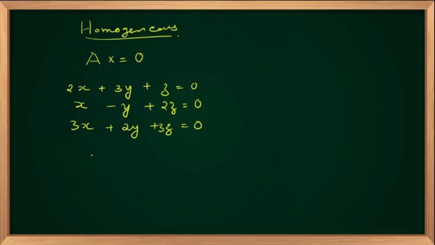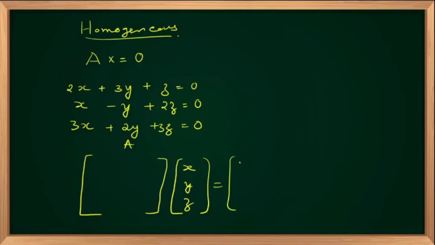Which means your system of linear equations could be written in the form A times the column vector x, y, z equal to 0, 0, 0, right? This is a homogeneous system of linear equations. I'll write 2, 3, 1, 1, minus 1, 2, 3, 2, 3.